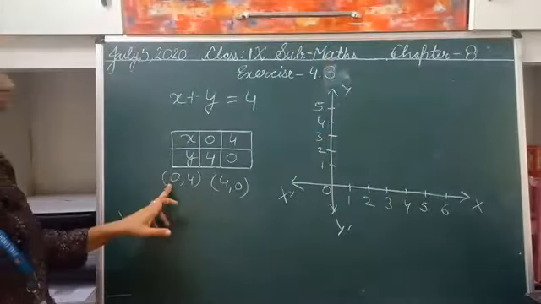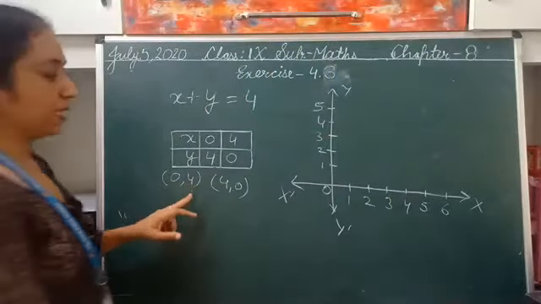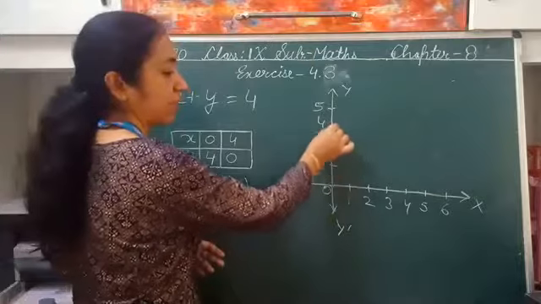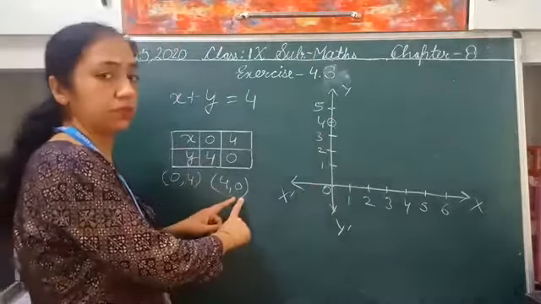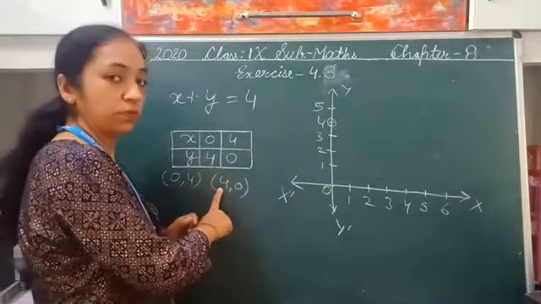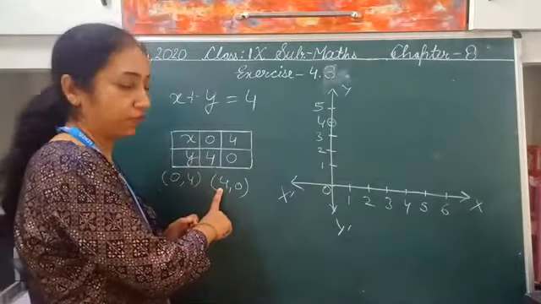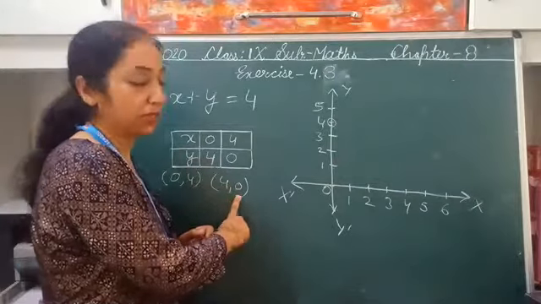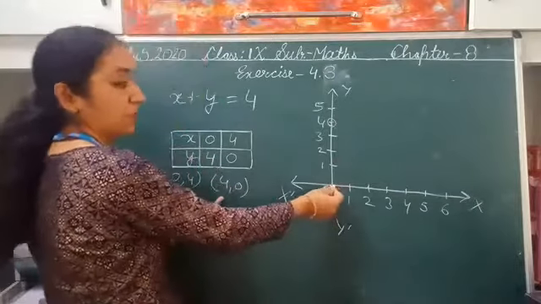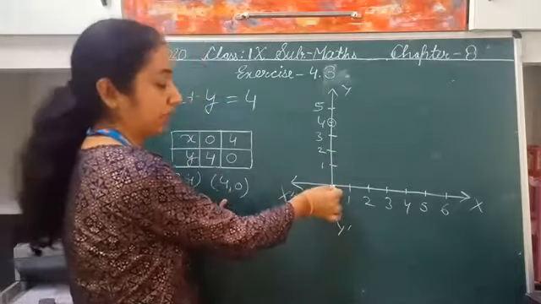right? I have to represent the point (0, 4), means when x is 0, y is 4, right? Next point is (4, 0). पहले आप 4 steps move कर रहे हैं horizontal direction from the origin, and then you have to move 0 step in the vertical direction, right? Origin से 4 steps चलने हैं, right?